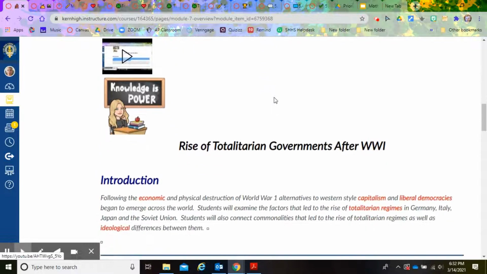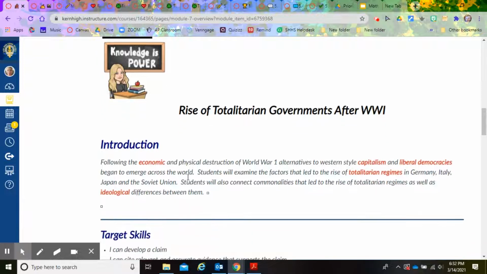All right, so this is the topic: the rise of totalitarian governments after World War I. Yes, there are different types of totalitarian governments, and we're going to cover 3 of them in this module. So let's go ahead and get our introduction here.